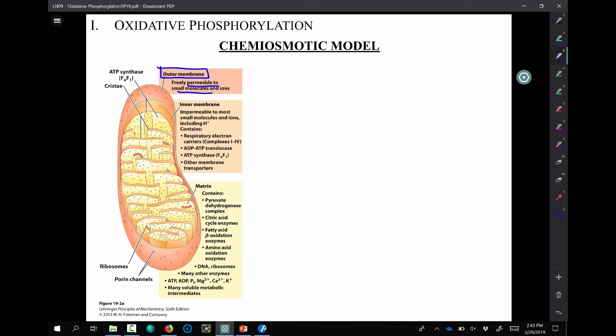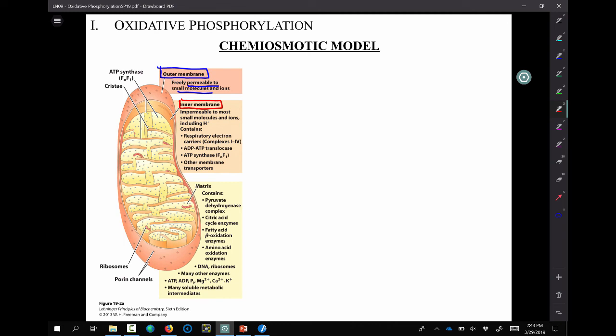Cytosolic environments are very similar to intermembrane space environments. The inner membrane is definitely not soluble. It is impermeable to most small molecules, and it comes equipped with significant amounts of protein. In fact, about 90% of the membrane is protein, and only about 10% lipid.